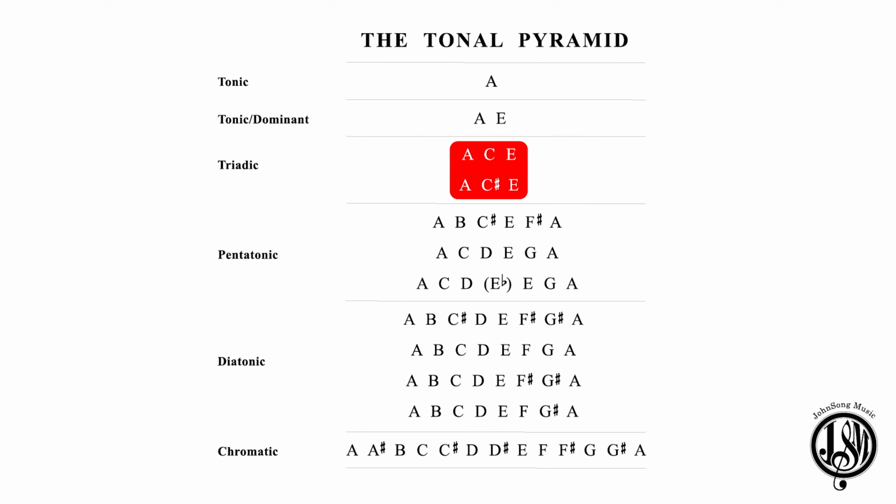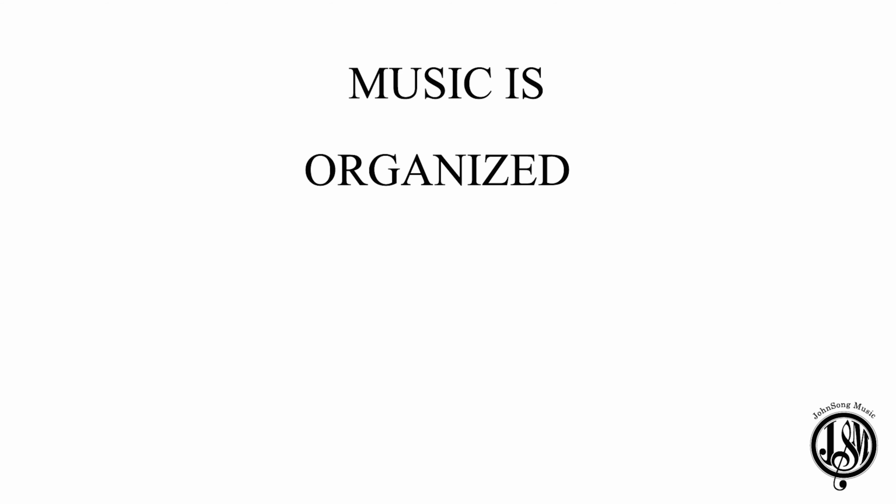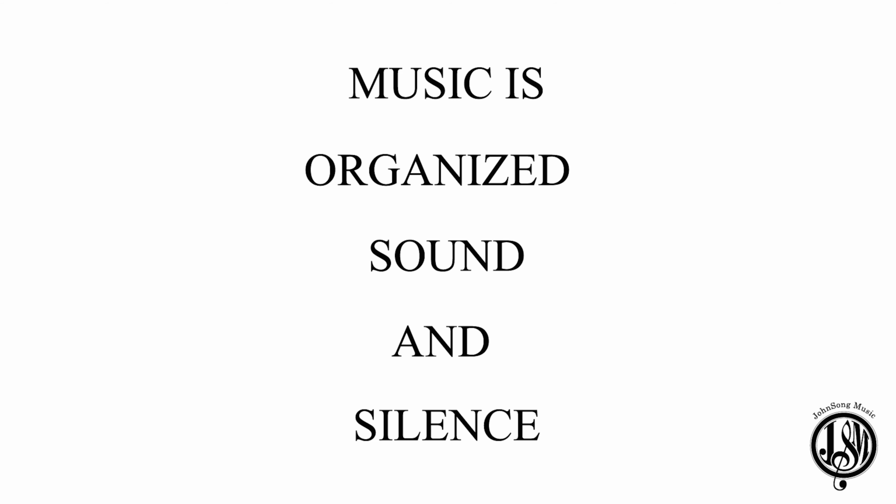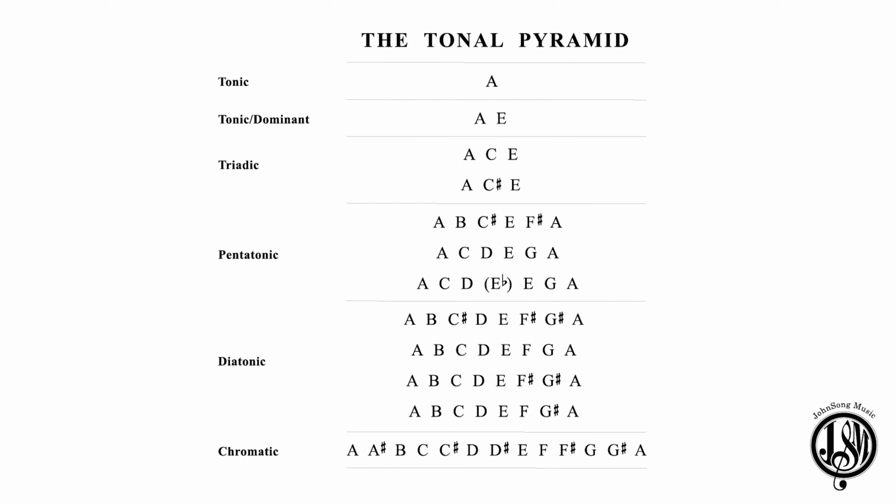The use of major or minor is a key ingredient in unlocking the emotional power in music. For music is organized sound and silence, and pivoting major intervals and chords with minor ones gives life to a musical rendering.